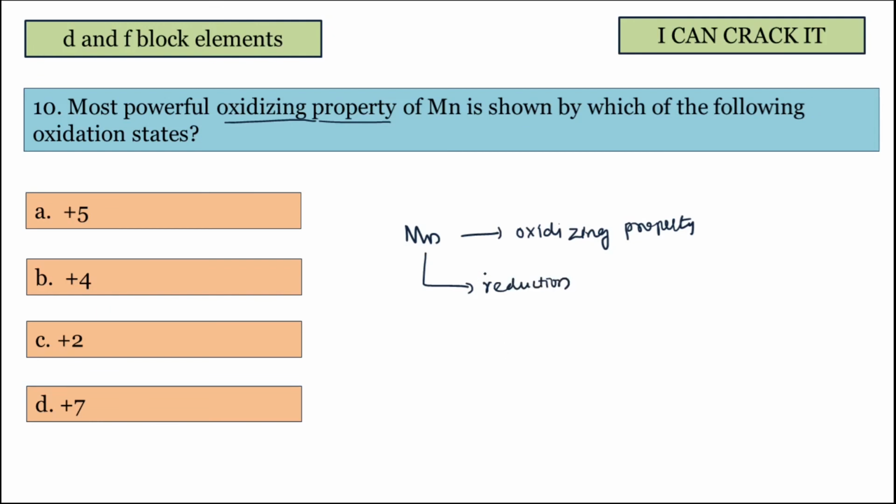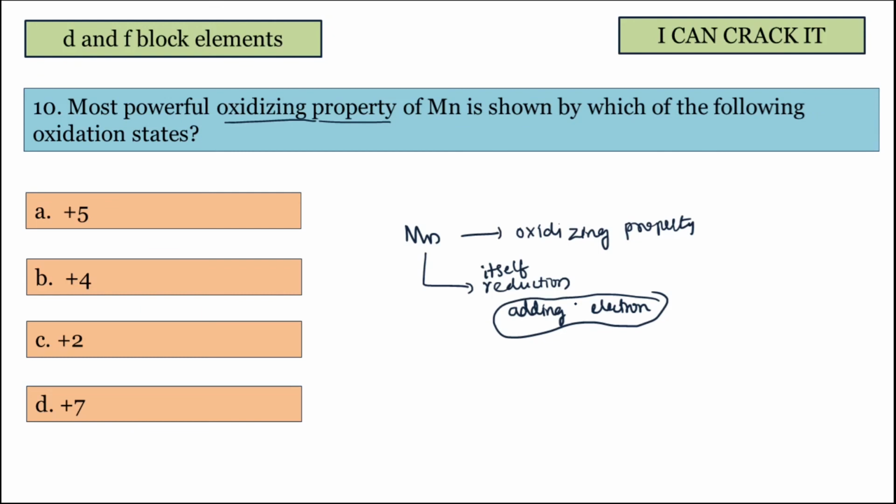Itself has to undergo reduction. Reduction means adding electrons, right? So if you have more positive charge on Mn, you can easily add electrons.